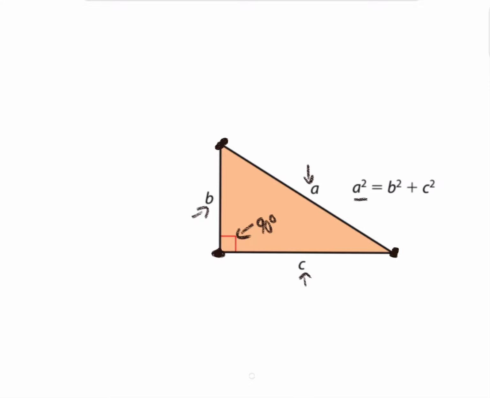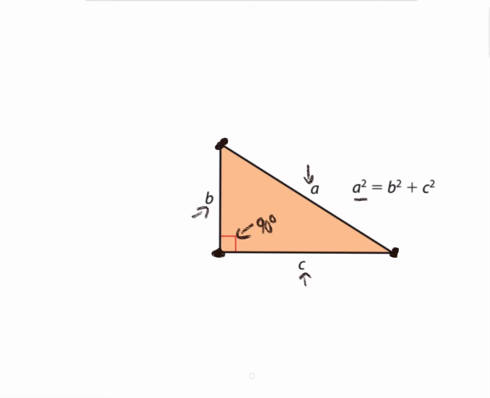Now, here's a key term that I haven't maybe mentioned to you before, so it might be brand new to you. A is the longest side of the triangle. You can see with your eyes that it's the longest. You wouldn't have to measure it. If I said to you which side is the longest side, you would say A. You can just look at it and know.